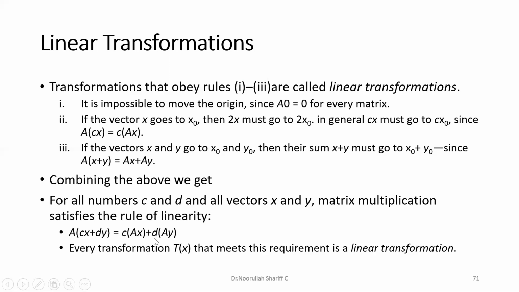So this is the rule of linearity which should be satisfied by the linear transformation. So every transformation Tx that meets this requirement is a linear transformation. Whatever transformation satisfies this corresponds to a linear transformation.